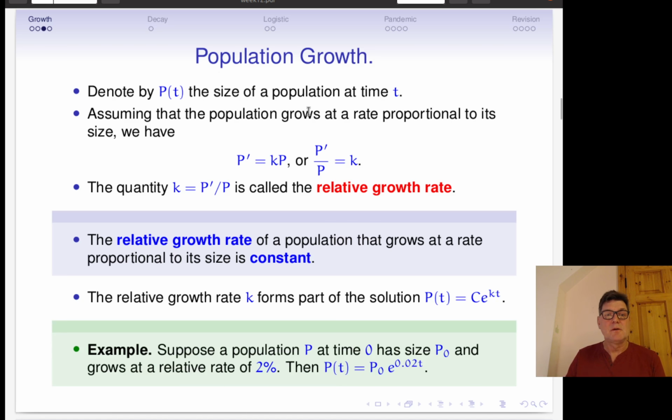For example, if we have a population that has initial size p0, at time 0 the size is p0, and grows at a relative rate of 2%, which is the same as 0.02, then p of t is that p0, the initial value, times e to the 0.02 t.